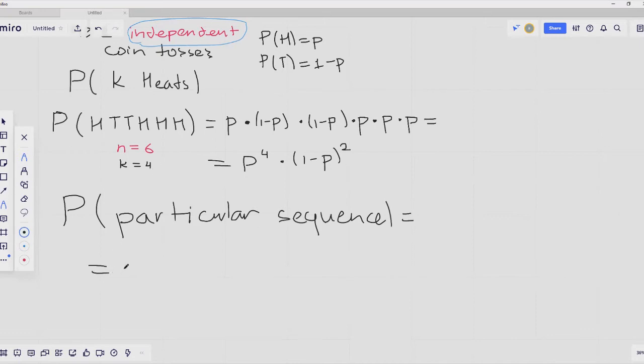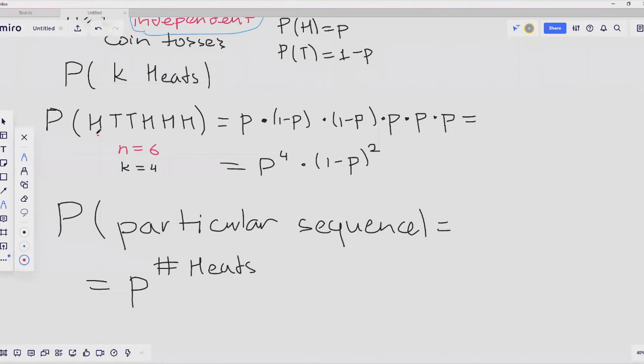Now, a probability of that particular sequence is then going to be equal to p to the power of number of heads in our sequence, since each time we have heads appearing in our sequence, that heads is going to contribute a factor of p, multiplied by 1 minus p, which is the probability of tails, to the power of number of tails.